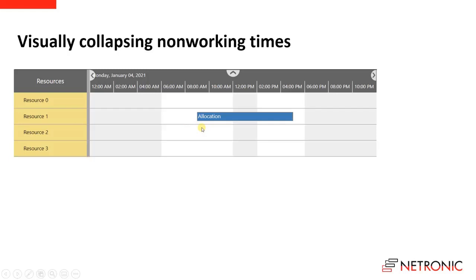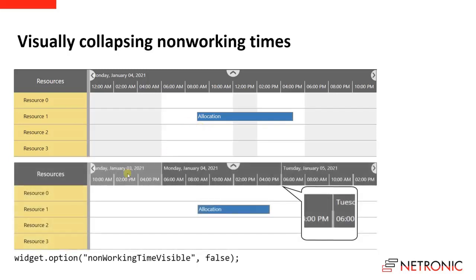Now we can use the widget option non-working time visible. If we set this option to false, then we get this diagram. As you can see here, we not only see the Monday, but we also see a part of the Sunday before the Monday, and a part of the Tuesday, and we see in the time scale these double lines.